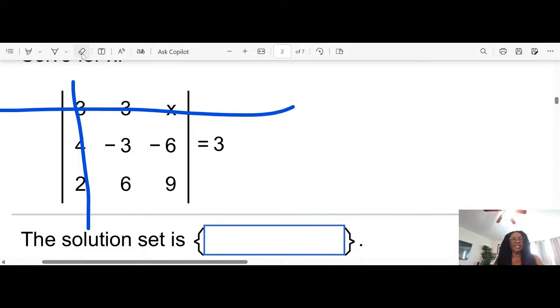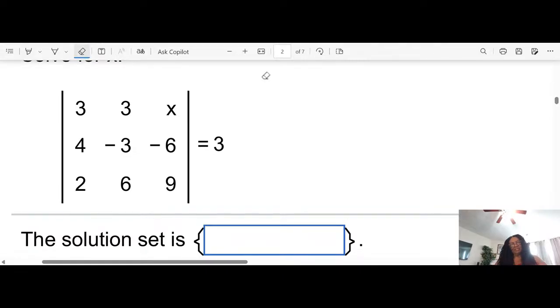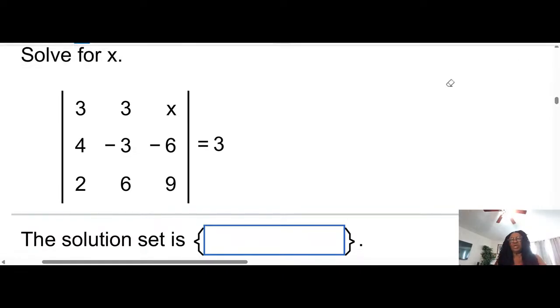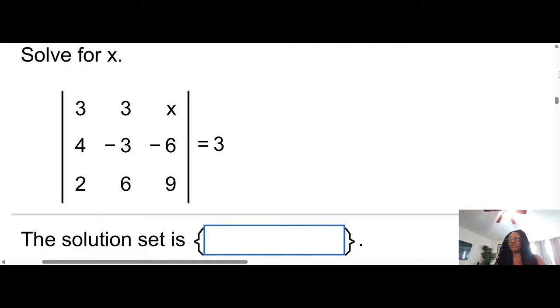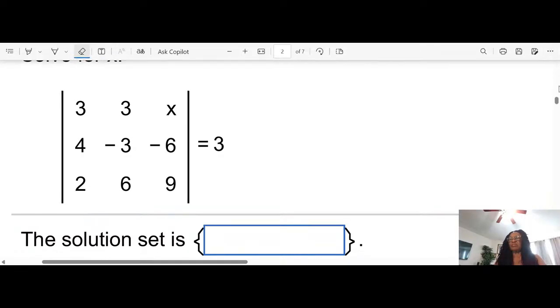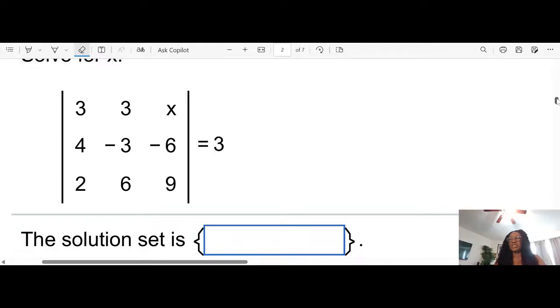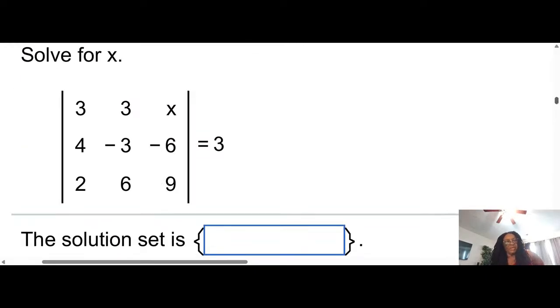And it didn't tell you that it is a matrix. So you must know how to solve a 3 by 3 matrix before you can solve this equation. This is a 3 by 3 matrix. We call it a square matrix also.